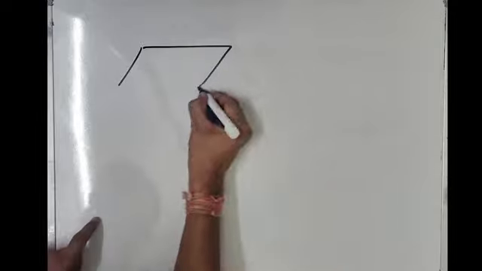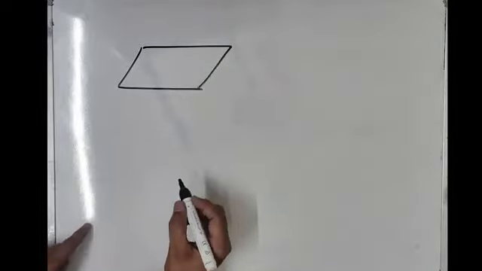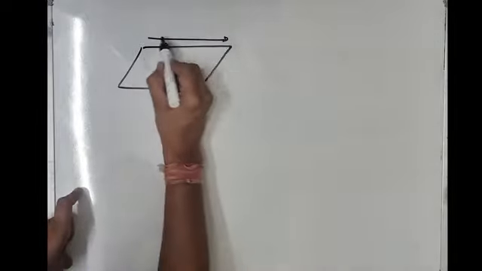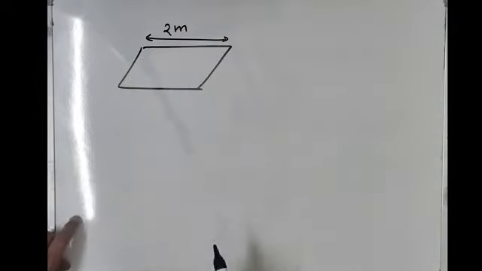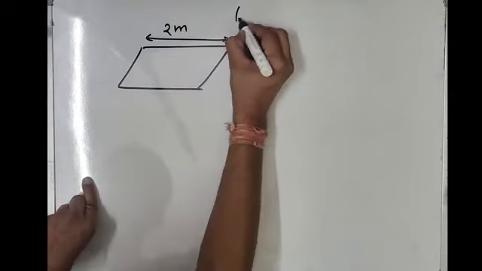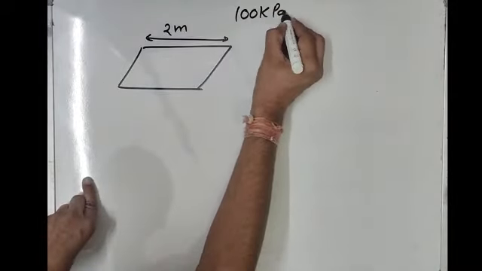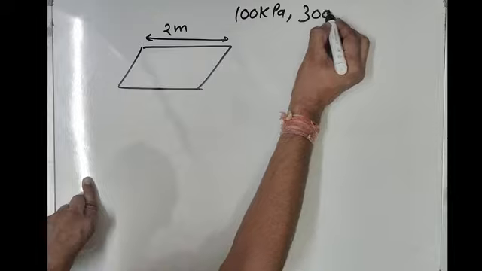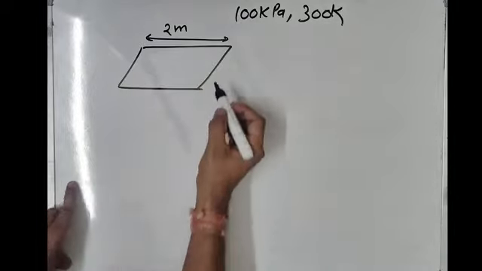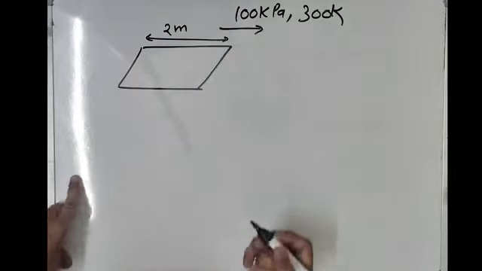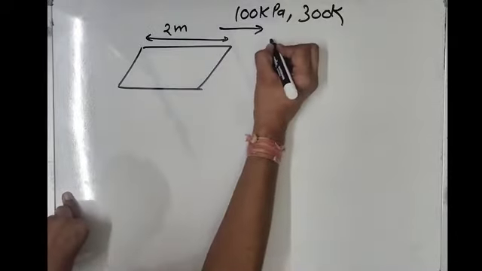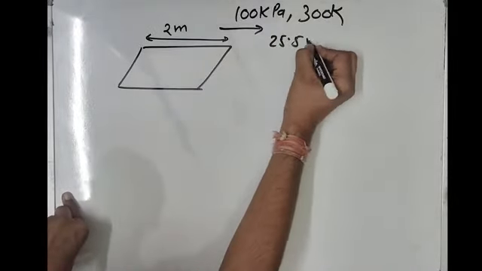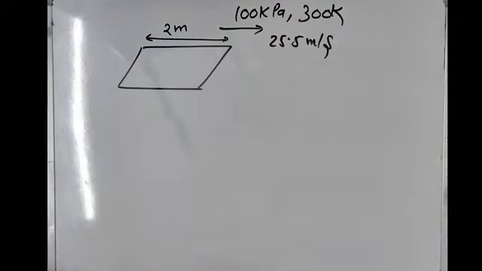Now let's understand the situation of the problem. In this problem, there is a sheet made up of naphthalene. The sheet length is 0.2 meter, and a stream of air at 100 kilopascal and 300 Kelvin is flowing over the top of the sheet at the velocity of 25.5 meter per second.